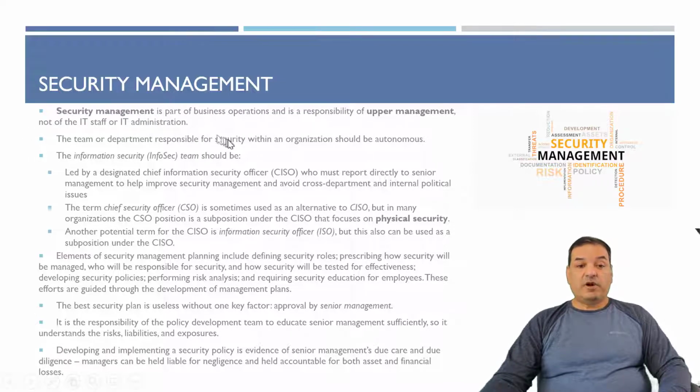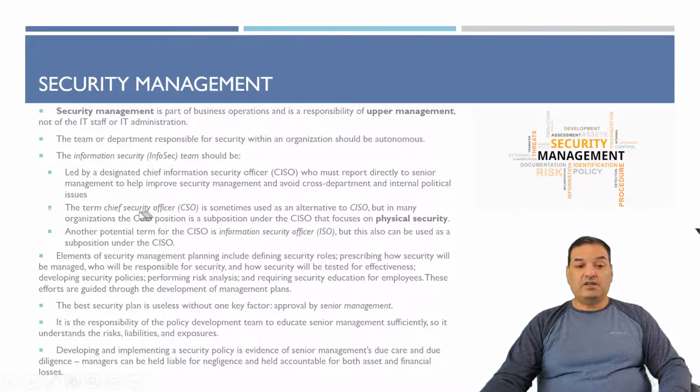The team or department responsible for security within an organization should be autonomous so that they are not influenced by other factors. The InfoSec team should be led by a CISO who must report directly to senior management so that they have the independence and the authority to implement information security initiatives.